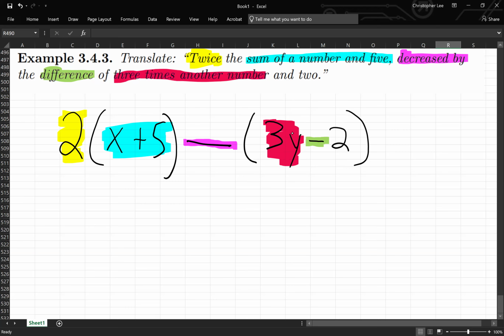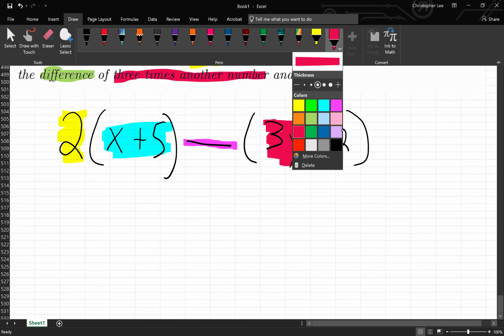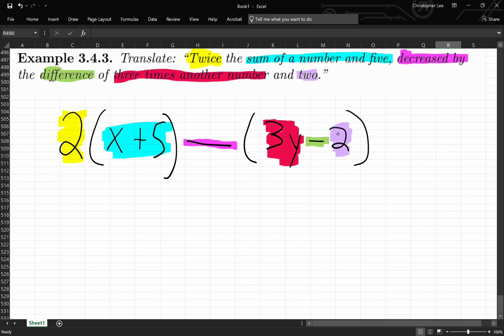Keyword there was another number, so that means I can't use the same variable, right? The x is gone, so now I got to use y or k or j or whatever. Some other number. And then they just dropped the second number on me, which was 2. And that's it.